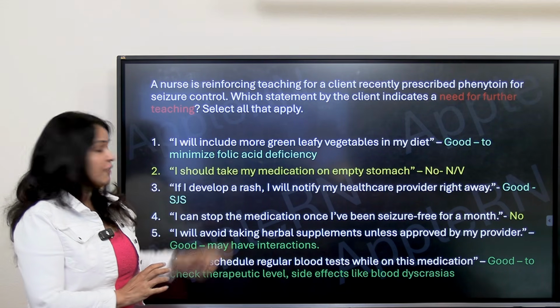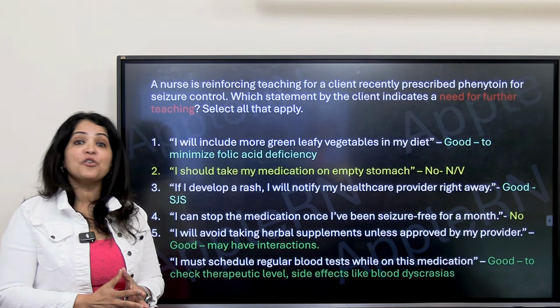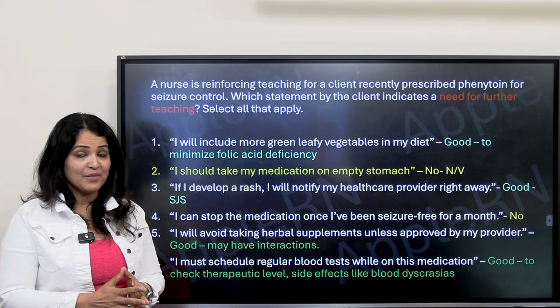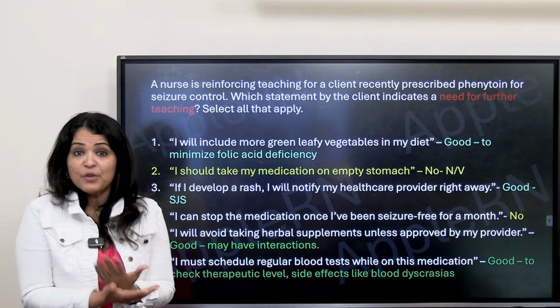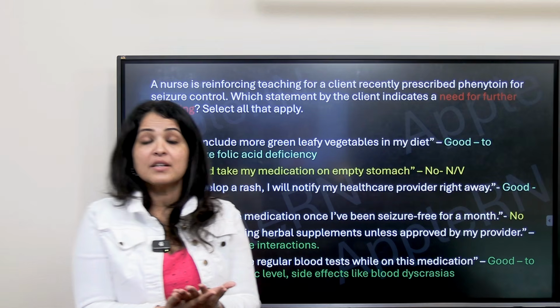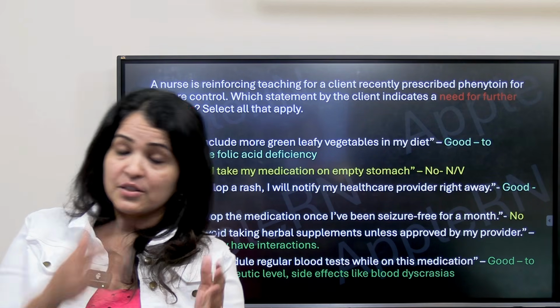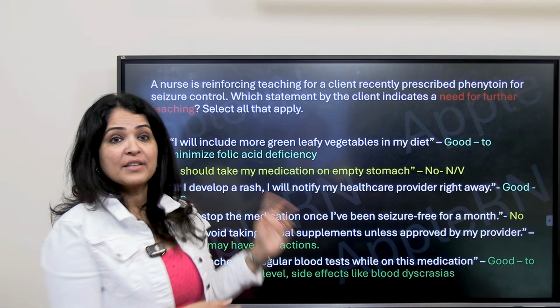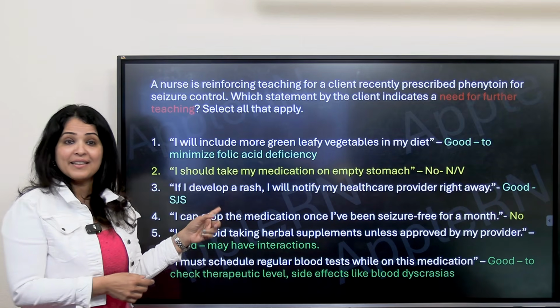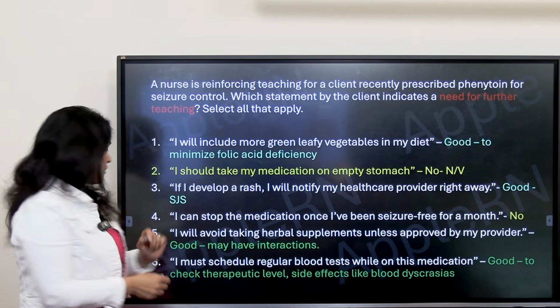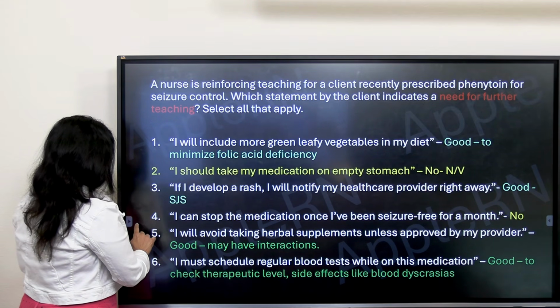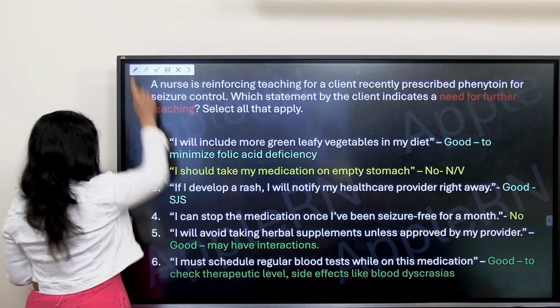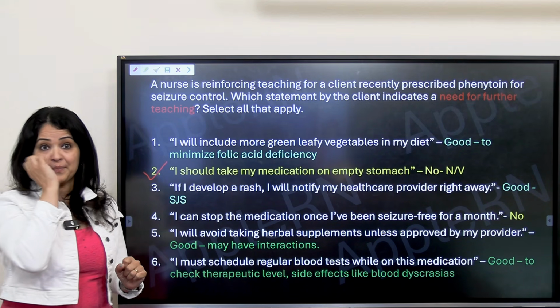Okay. 3, if I develop a rash, I will notify my healthcare provider right away. Good thing to do. We want them to notify right away because what if it is Stevens-Johnson syndrome, right? So that's why it's a good thing, so not our answer. So far, our answer is going to be only the second one, right? Only the second one is our option.